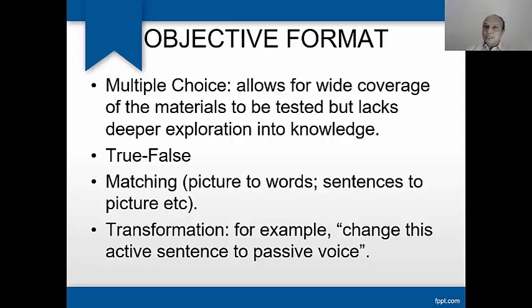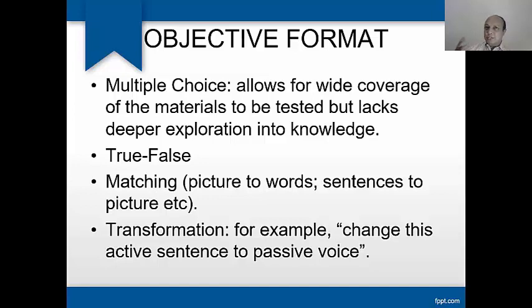And depending on the answer key, the test taker or anybody who is scoring the test just matches the test taker's answers with the answer key. If they match, then the items or the scores are correct. If they don't match, then they are wrong. So it's as simple as that.